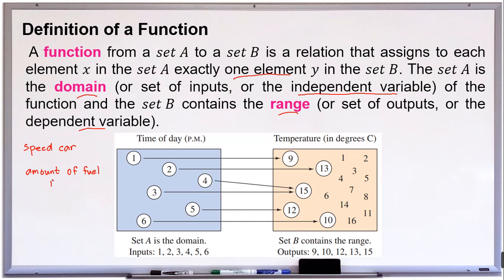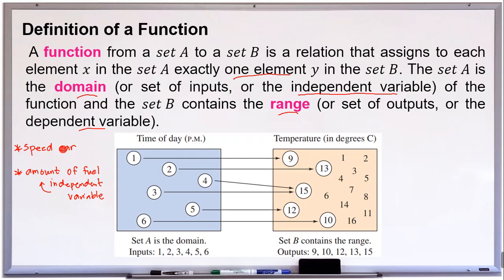It is called an independent variable because it does not depend on the speed of the car. Whereas our other variable, the speed of the car, is obviously going to depend on the amount of fuel that is being consumed by our engine.